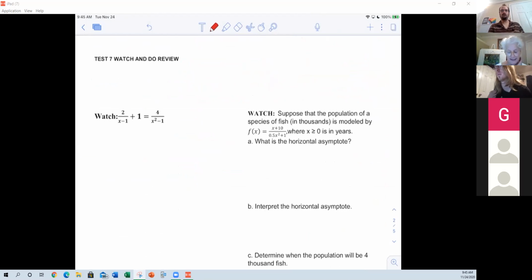This one is very similar, except for notice that we have the equal sign. And if we have this equal sign, that means we're going to get rid of the fractions. But still, the first thing we want to do is to factor anything that we have in the problem. And then find the common denominator.